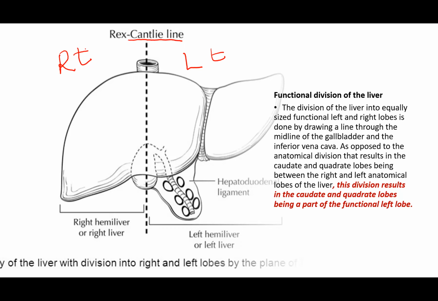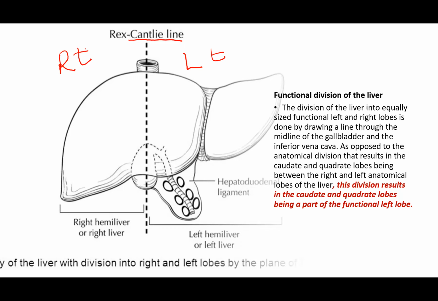Because when you are asked an MCQ that the caudate lobe is part of the right lobe, you have to understand what they are asking. Is it the anatomic right lobe or the functional right lobe? So you should know that from the functional division, those accessory lobes are part of the left lobe of the liver.